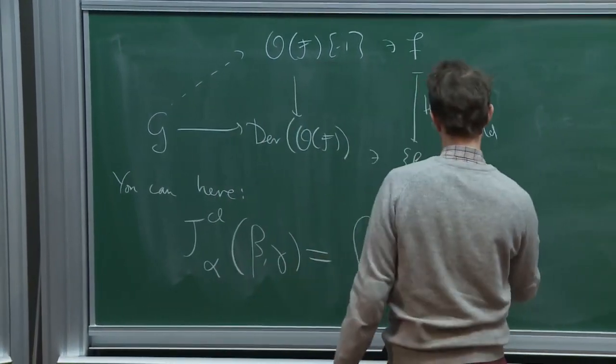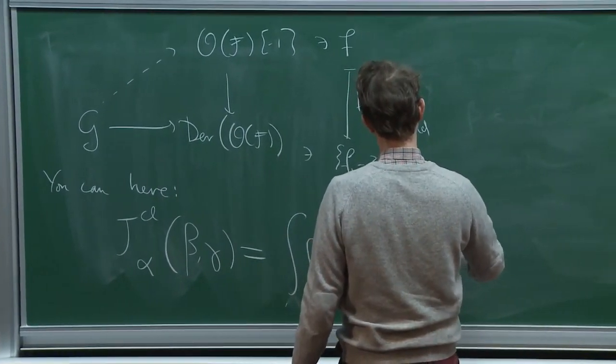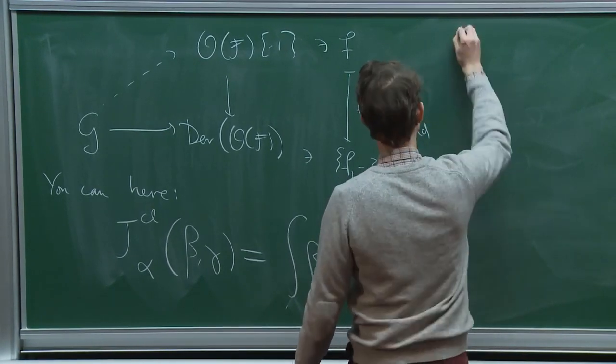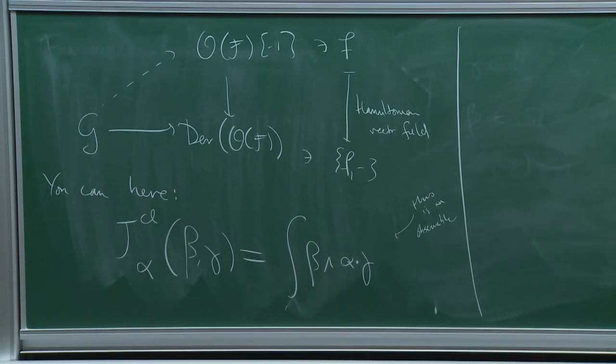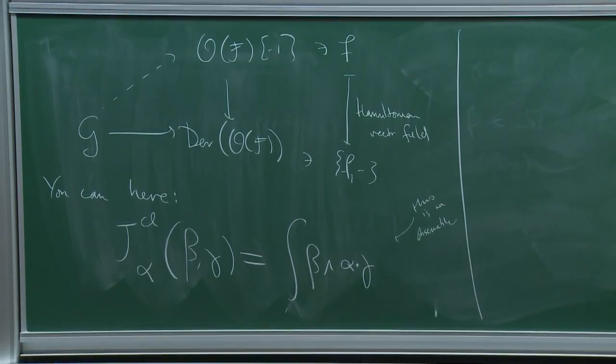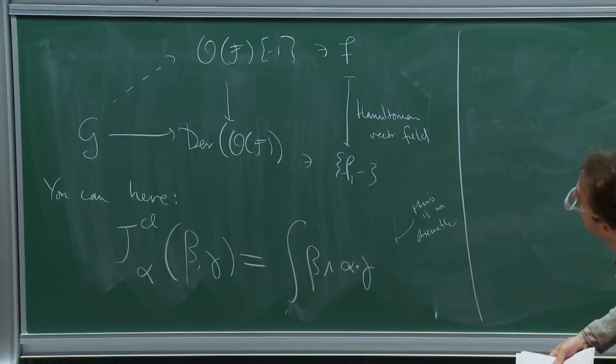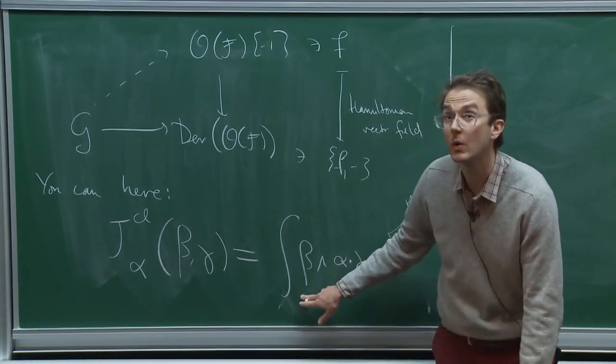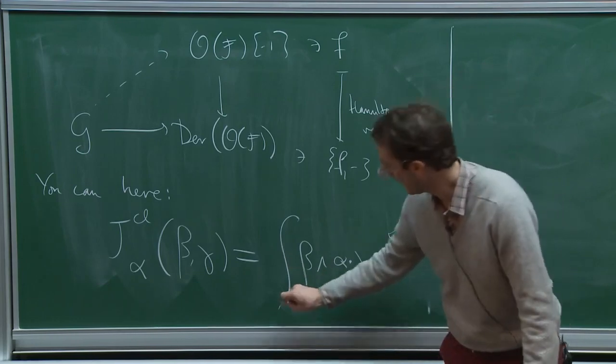So a symmetry determines an observable. Note that it has the same flavor as the action functional. It's local on x. It's an integral over x.